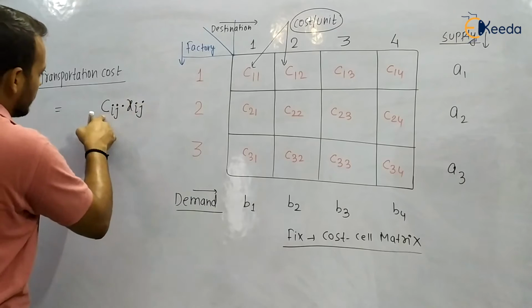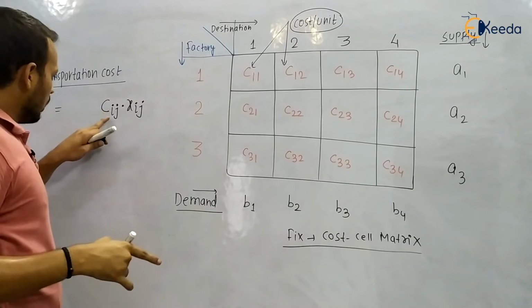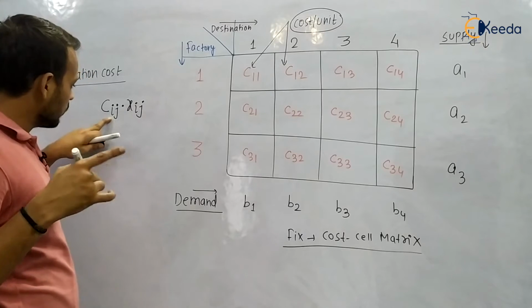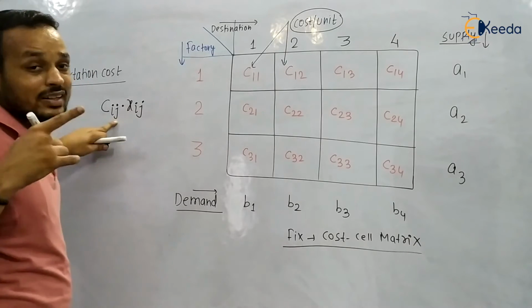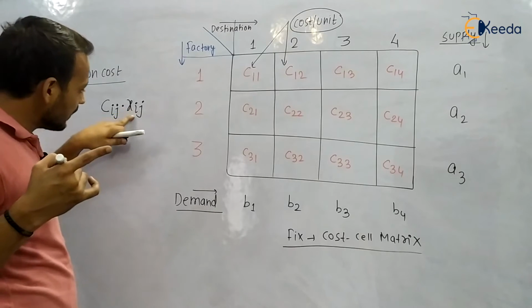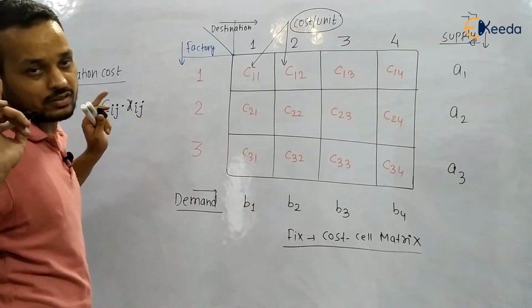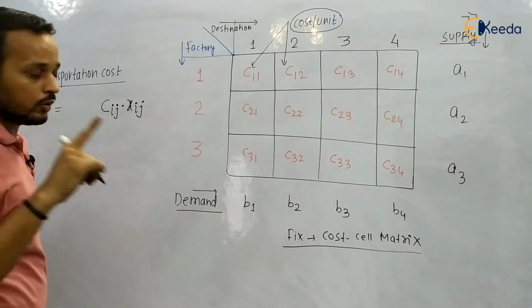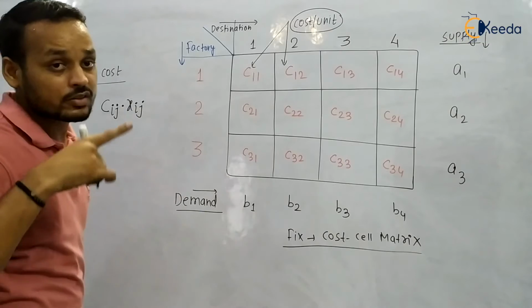Cij means cost required in bringing the units from ith factory to jth destination, and these are the number of units which are supplied from ith factory to the jth destination. So C represents cost of 1 unit and this X represents number of units transported.